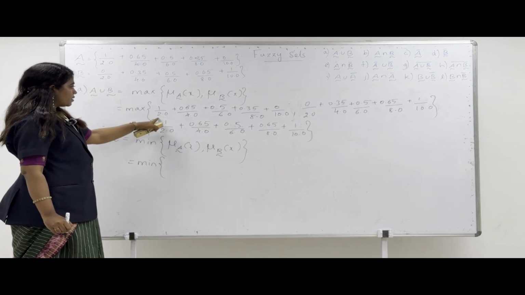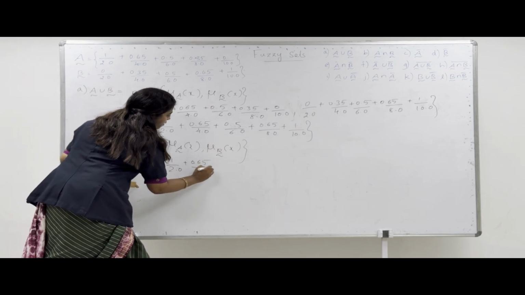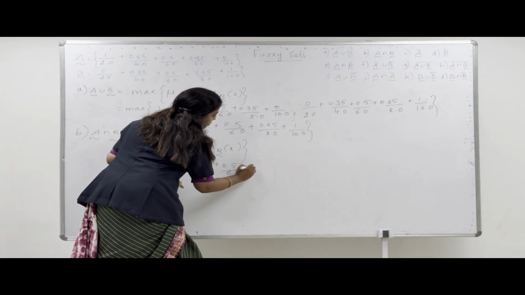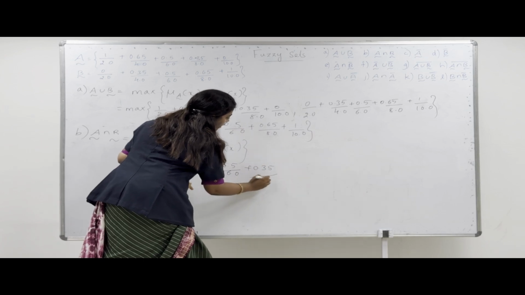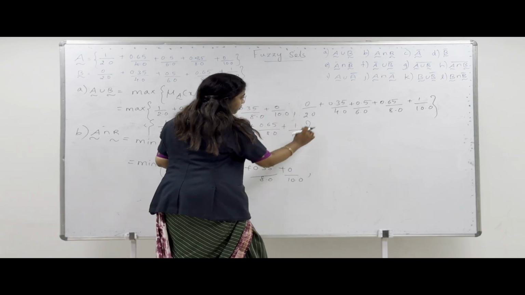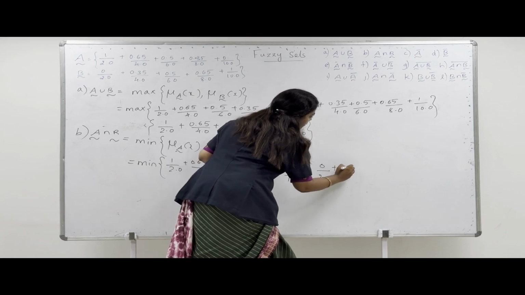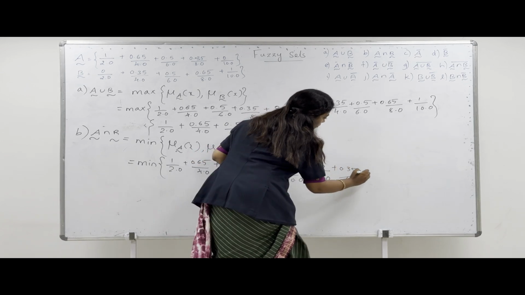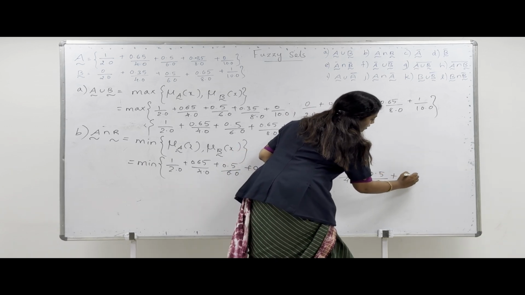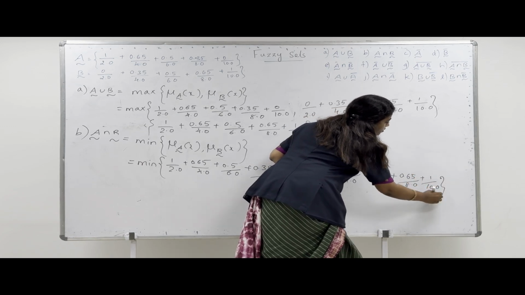Again write the same values, 0.65 by 4, 0.5 by 6.0 plus 0.35 by 8.0 plus 0 by 10.0, comma, then write the B values, 0.35 by 4, 0.65 by 8 plus 1 by 10.0.